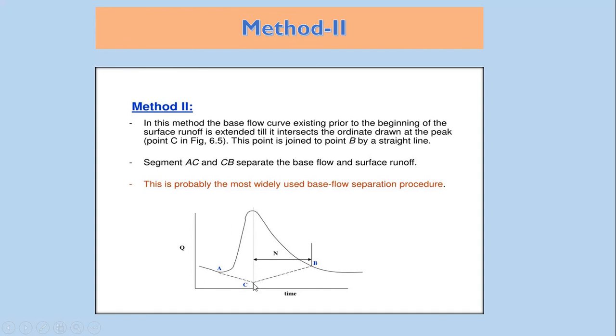Let this point be point C. Then A is joined with C with a straight line, and C is joined with point B with a straight line. The area below segments AC and CB represents base flow. This is the most widely used method, and it is treated as more accurate compared to the first method as well as the third method. So this is regarding method 2.